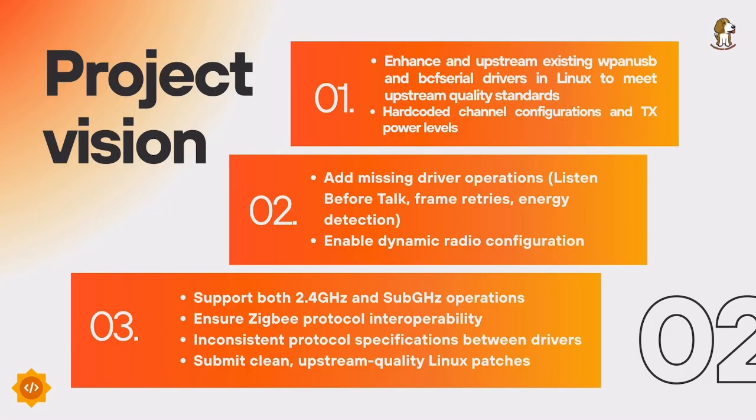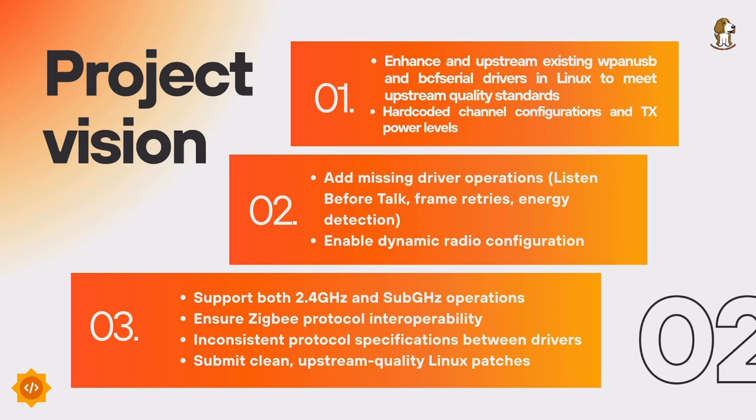So, the project vision is to make Beagle Connect Freedom usable as a fully featured IEEE 802.15.4 radio within Linux. Right now, the WPAN USB and the BCF serial drivers are incomplete and lack essential functionality to meet upstream standards.